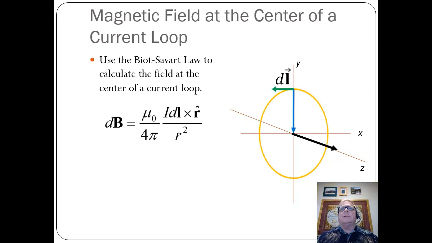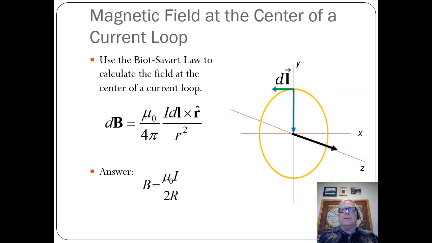Now, we could, of course, use the same technique to find the magnetic field produced by different current configurations. We could do, for example, the magnetic field produced at a position along the z-axis here that is not in the center of the loop. Pretty straightforward extrapolation from this problem.